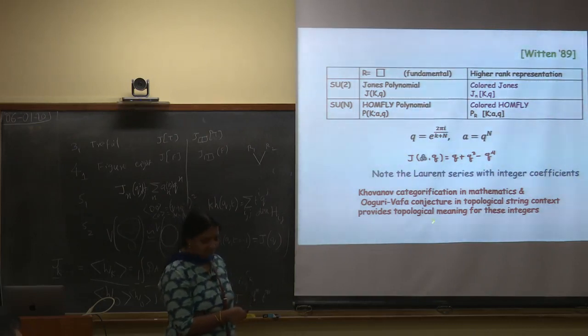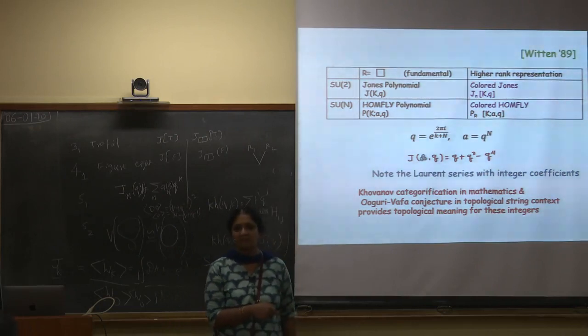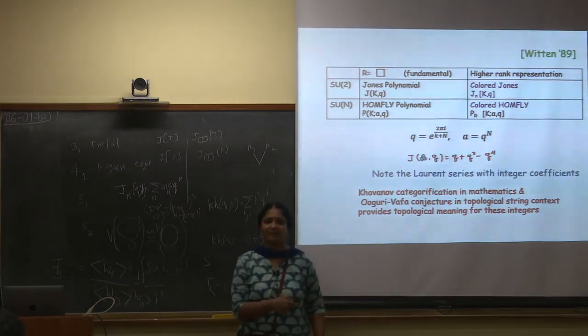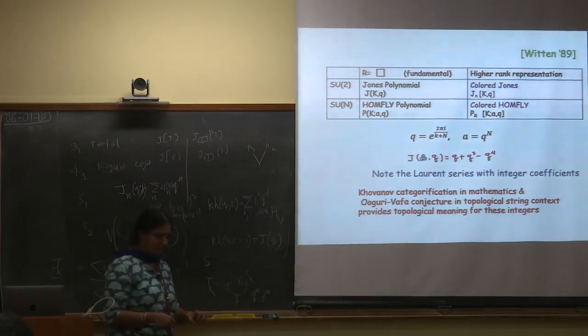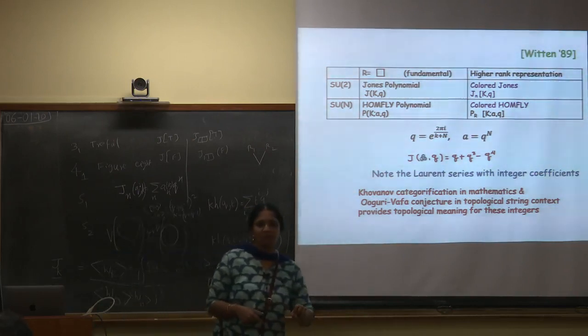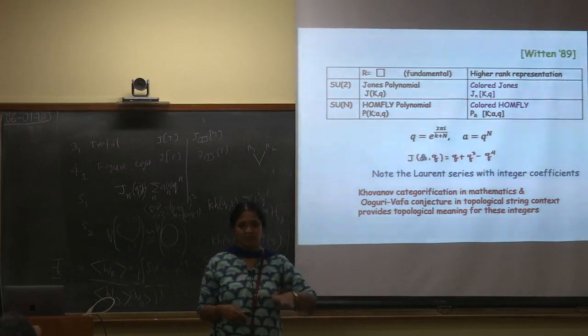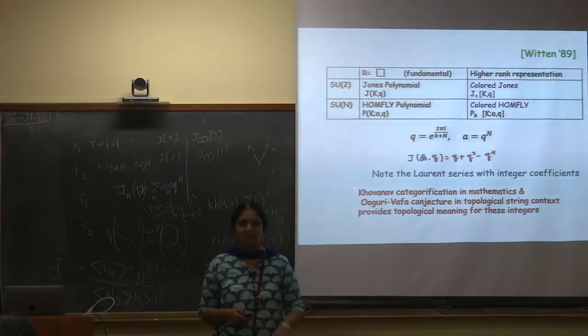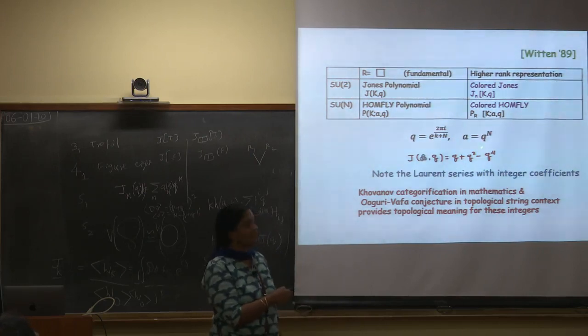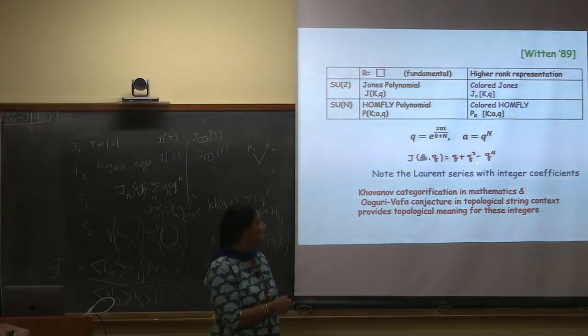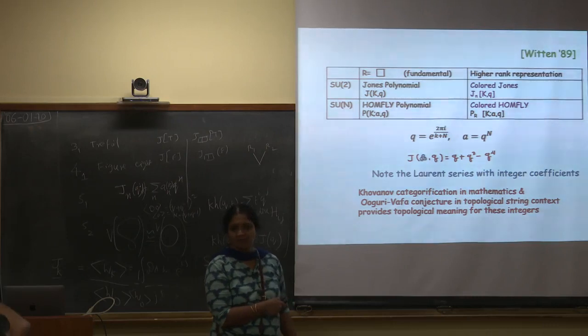I think 10 years ago Witten came up with a way of determining these coefficients as the number of solutions to these equations, which are the BHN equations. He tried to account for it, for a specific instanton number n, how many such solutions there are, and there is a way of accounting for it.